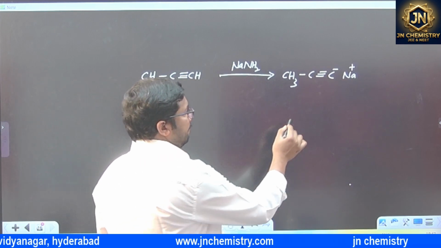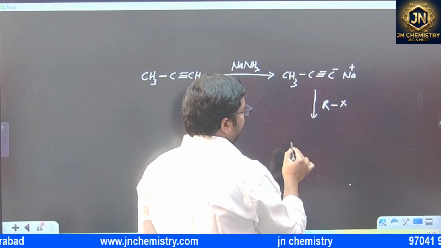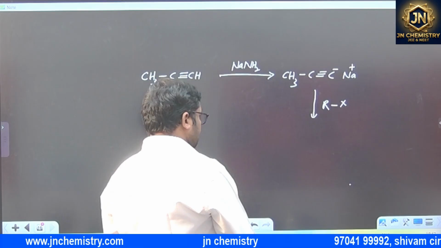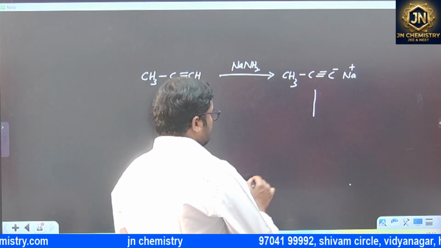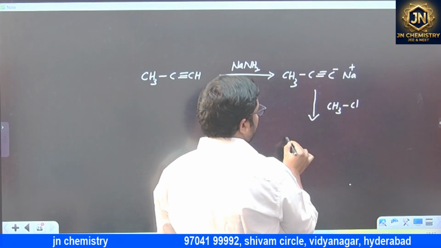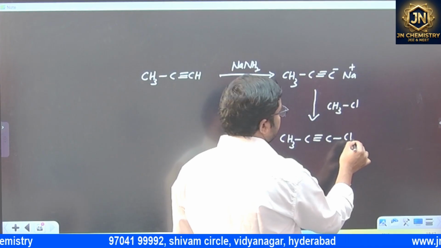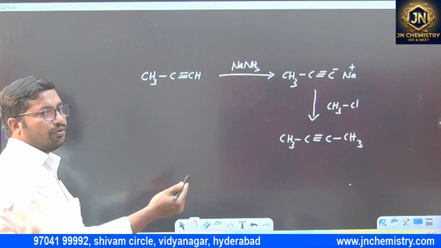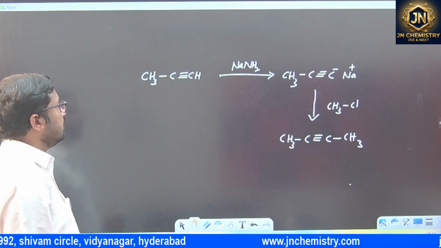Here, if you use RX, an alkyl halide, R can be anything. For example, I'm just taking CH3Cl, imagine. So what is the product? CH3, C triple bond, CH3 we will get. If you take ethyl chloride, the ethyl group will be substituted. If you take propyl chloride, the propyl group will be substituted.